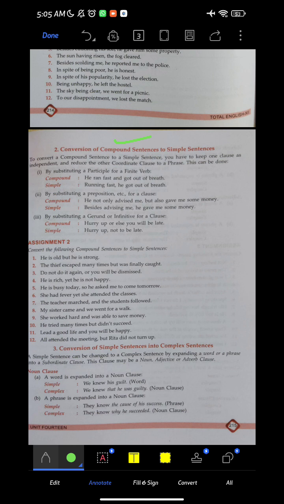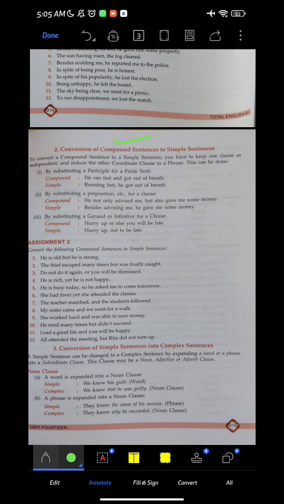If a compound sentence is given, how to make it simple? I have already told you that a simple sentence has one verb. So out of two verbs you have to use just one. We have some methods to eliminate one verb.